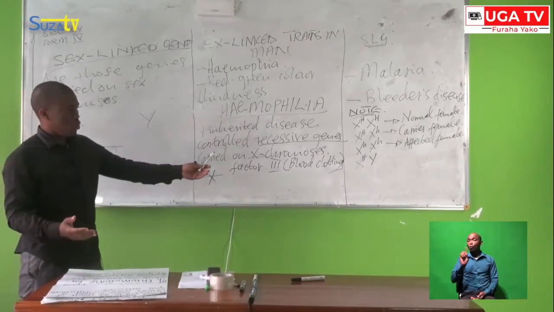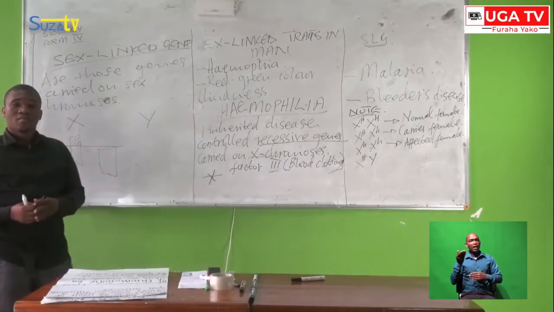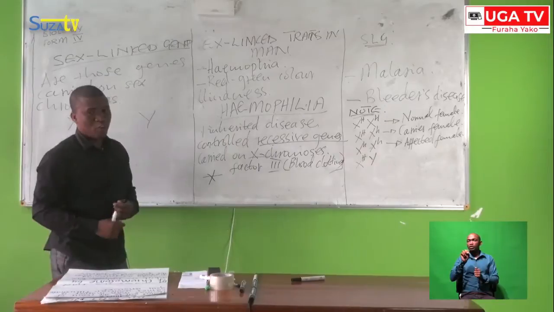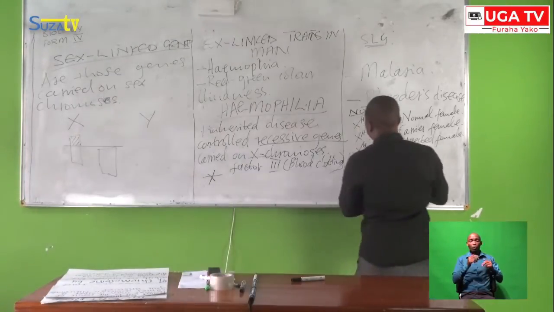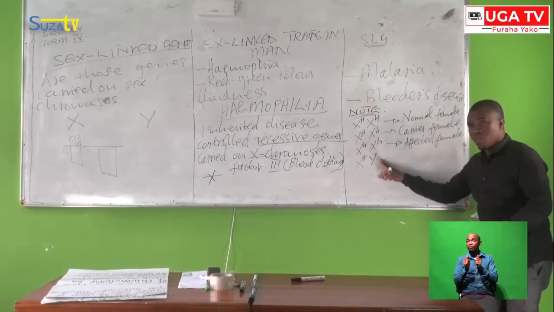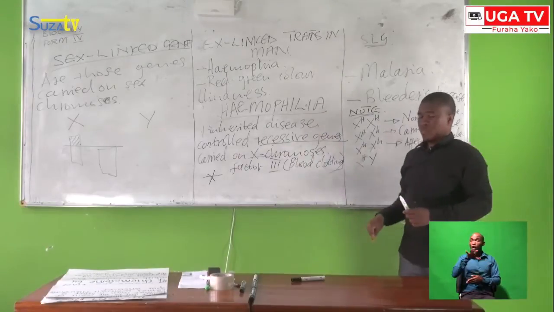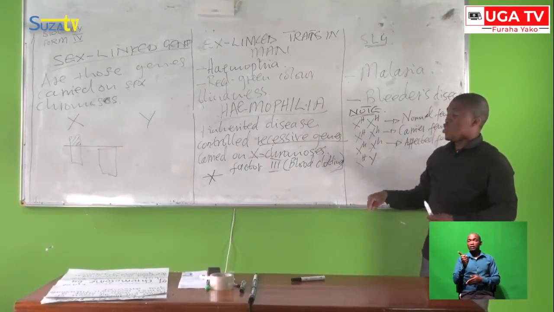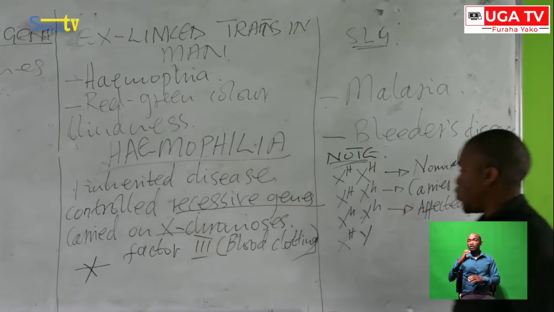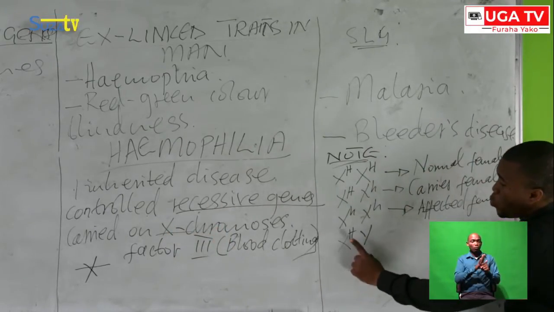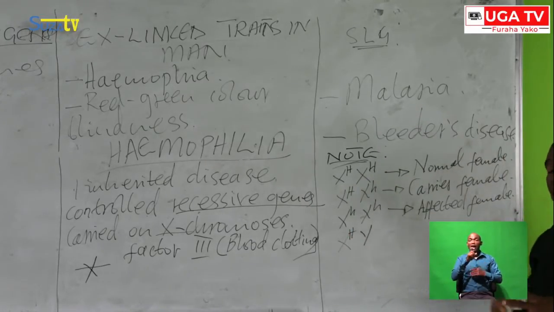Good. Clap one. We don't put any genes on the Y chromosome because we said those genes, I mean sex-linked genes, are mostly carried on the X chromosome. That's why we put those genes on the X chromosome and not on the Y chromosome.